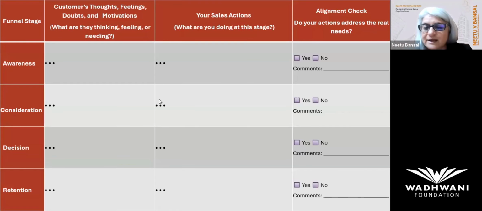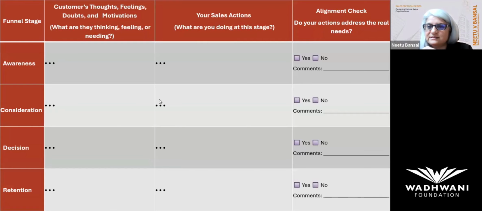If you sit and think about this, you will find there are a lot of things in your sales actions which you're not doing, which the customer may be thinking about and which are not getting addressed at all. Very rarely will customers come and tell you, I don't think I can trust you. They will never tell you that. You're right, but it's for us to understand that it could be this, and then decide what to do.